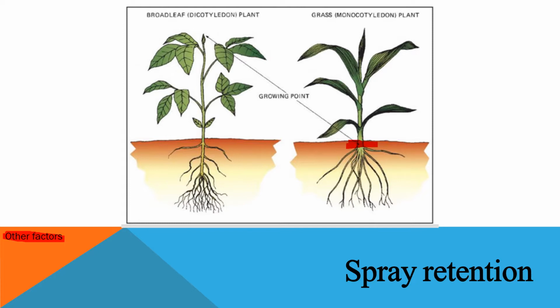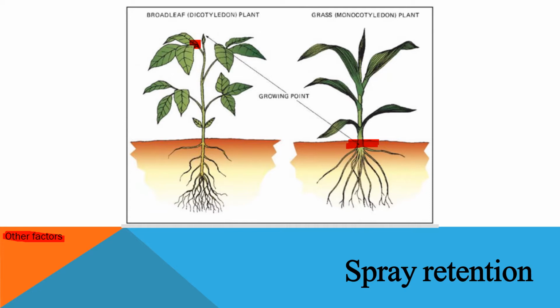In some plants, growing points are actually below the soil surface, not exposed to direct contact by foliar applied herbicides. In contrast, broadleaf plants usually have terminal exposed growing points that may be readily contacted and susceptible to herbicide action.